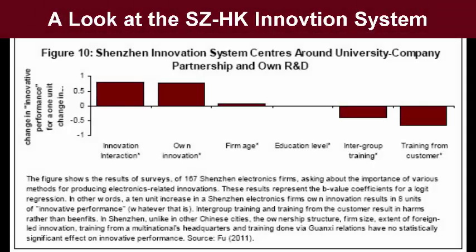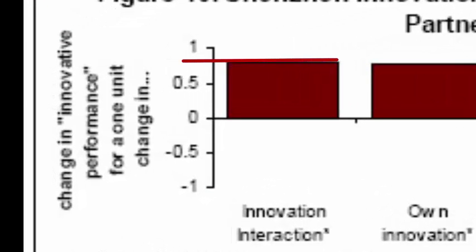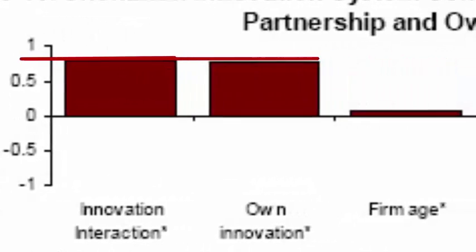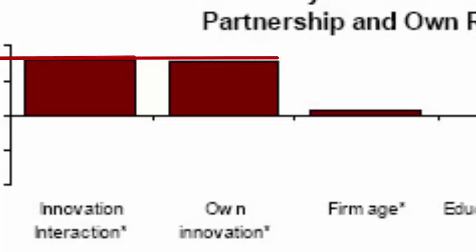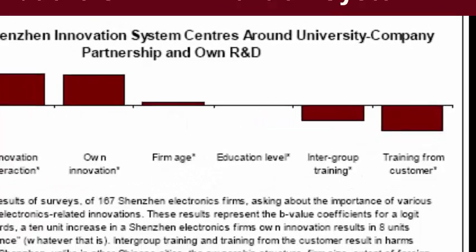Looking at the results from this clustering, we see that such innovative performance has benefited from cooperation across the business-university divide. Thus, such cooperation has promoted innovative interactions, has promoted these companies' own innovation, yet has come at the expense of intergroup training and training from customers.